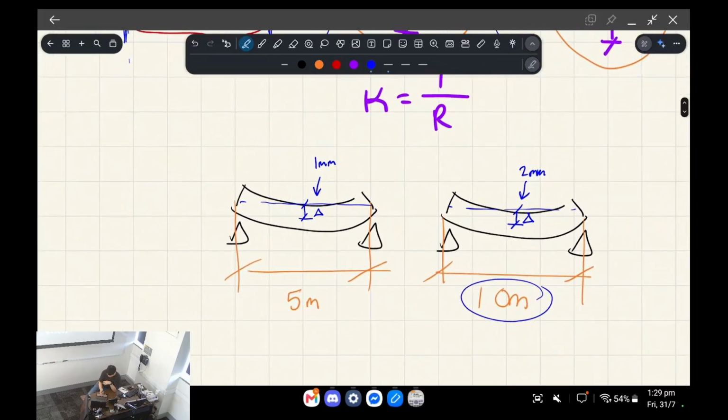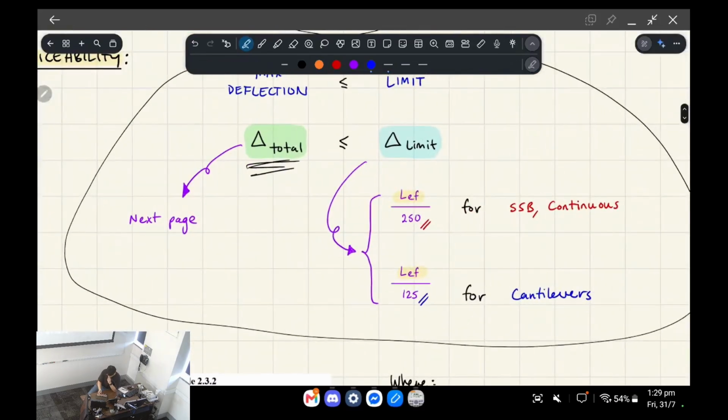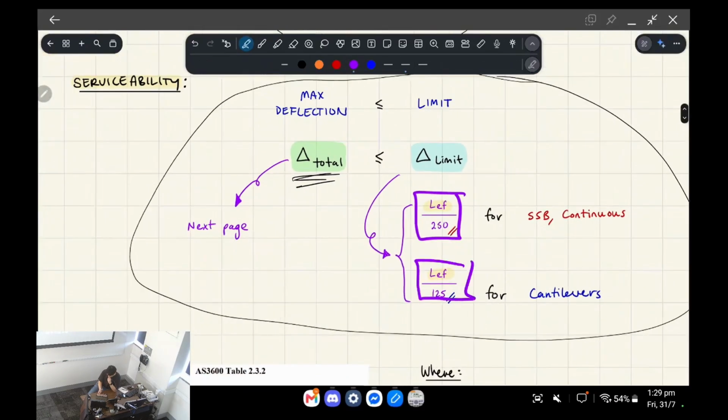So the idea is that the limit of our deflection has to be based on the curvature. In other words, it has to be a function of the length of your overall member, okay? So when this is given in the code, this is saying that our limits are based on your length divided by some constant that you put in the fraction.